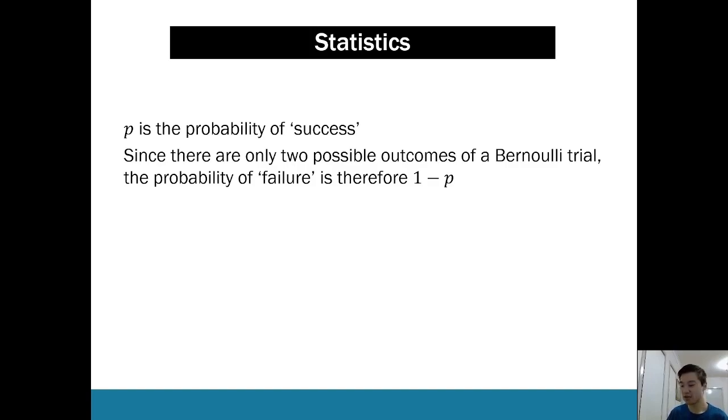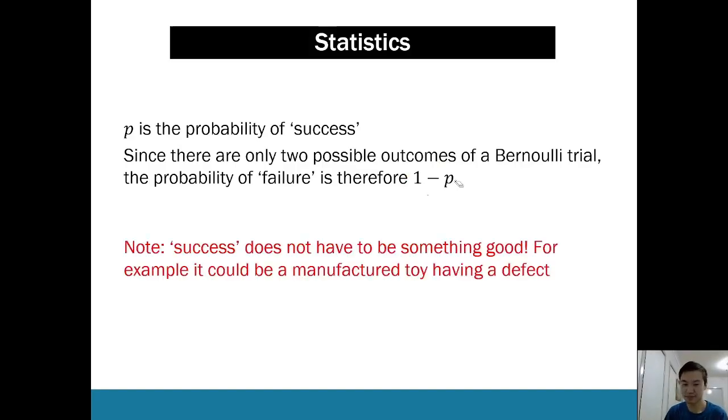So since there are only 2 possible outcomes of a Bernoulli trial, the probability of failure is therefore going to be 1 minus P, because there are only 2 outcomes, and the sum of the probabilities of all the outcomes should give us 1. So the probability of failure is just 1 minus P. And of course, we're talking about success and failure here, but you want to note that success doesn't necessarily have to be something good.